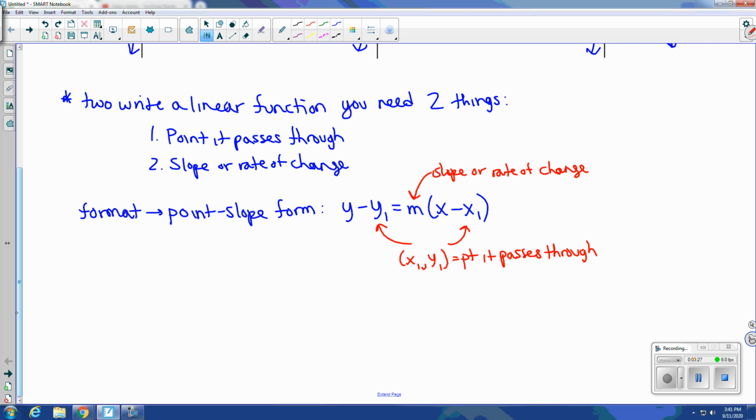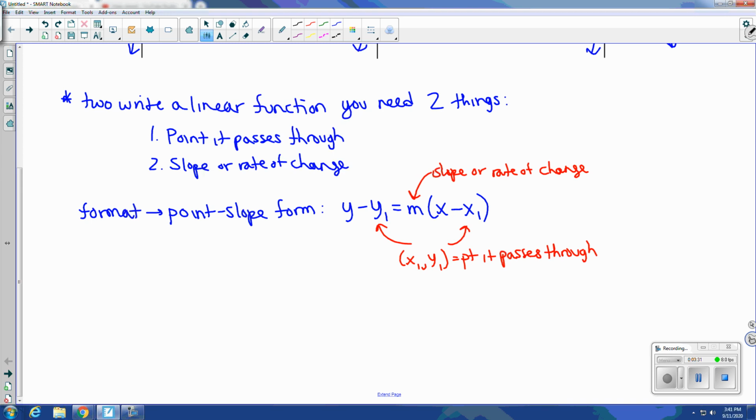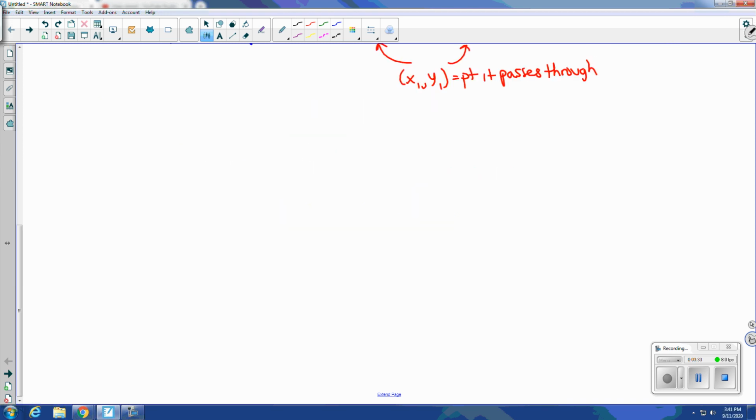Now let's look at the secant first. So for the secant line, here's what we need. One, a point it passes through.